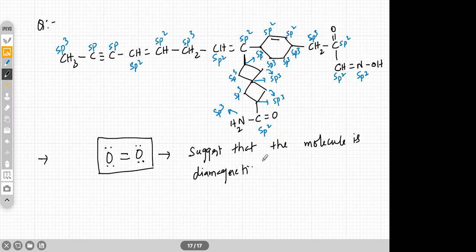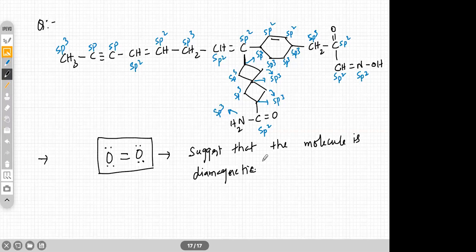When there is no unpaired electron, the molecule is said to be diamagnetic, weakly repelled by the magnetic field. If the molecule contains any unpaired electron, then it is said to be paramagnetic. That is the definition of diamagnetic and paramagnetic molecules. So according to VBT, all electrons on oxygen are paired, and it is said to be a diamagnetic molecule.